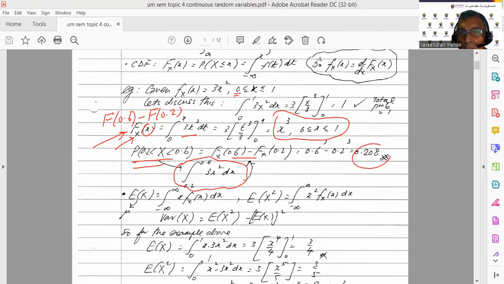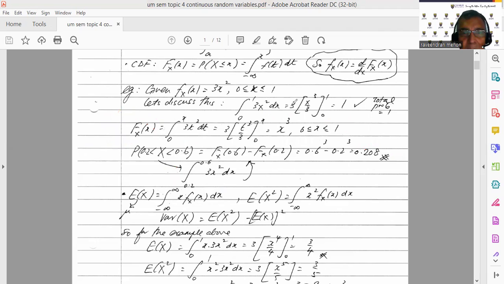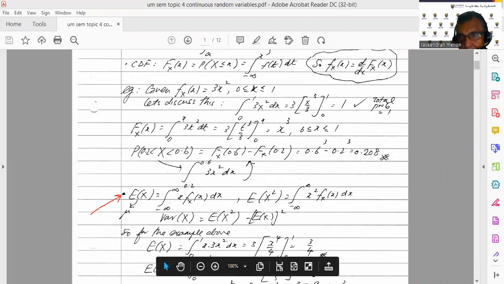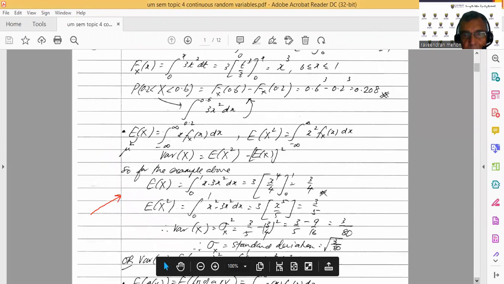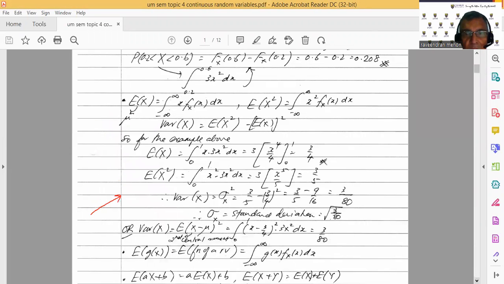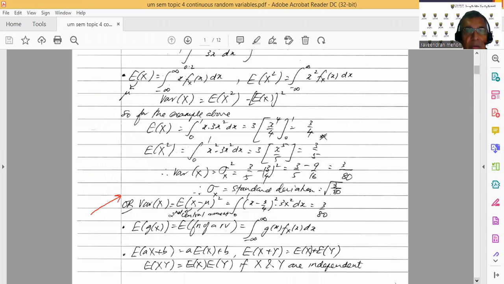Good. Now that we have cleared the basics out of the way, let's go ahead and deal with first moments. Expectation. Let me move this up so that we can see this clearly. Okay, so we have the expected value of x.